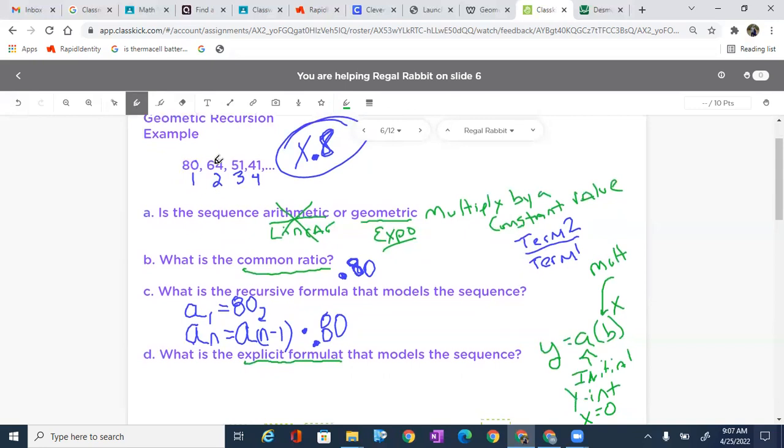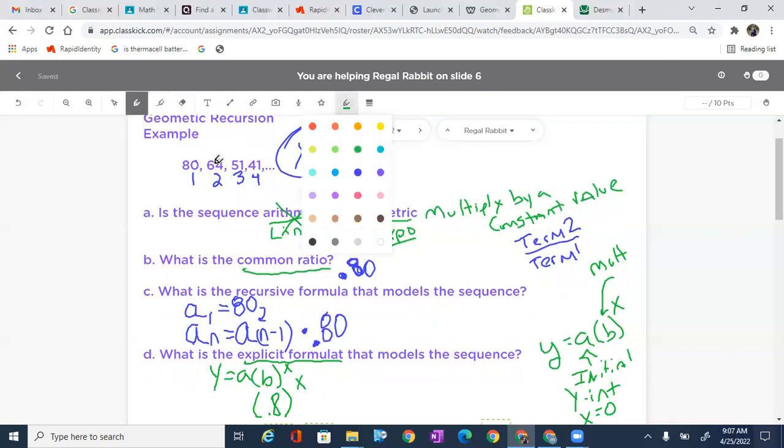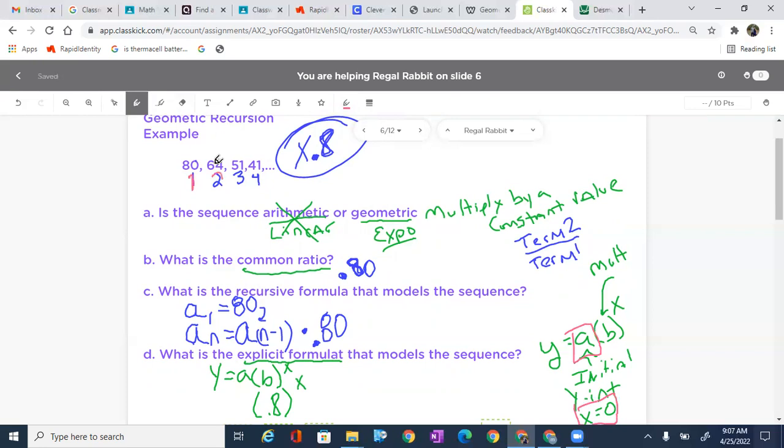First of all, we know our multiplier is 0.8. The one thing we have to determine is the a value, which is when x equals 0. We have term 1, term 2, term 3, term 4, but we don't have term 0. So we're going to find term 0.